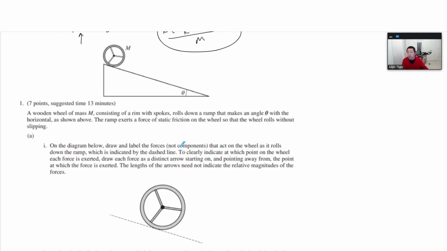Okay. Wooden wheel of mass. So the way you want to think of rotation is there's always an analogous form for everything we're talking about. If you don't have a lot of time, I would really focus on your angular momentum, rotational energy, and torque, making sure you understand those aspects.